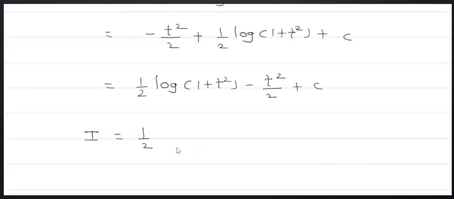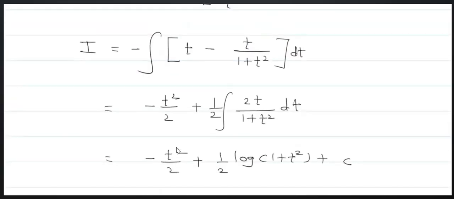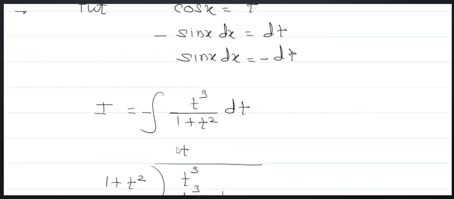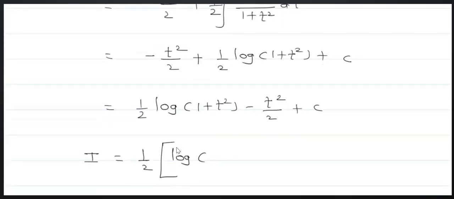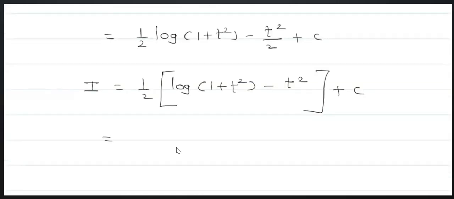Therefore, I is equal to 1 upon 2 log of 1 plus t square minus t square plus c.